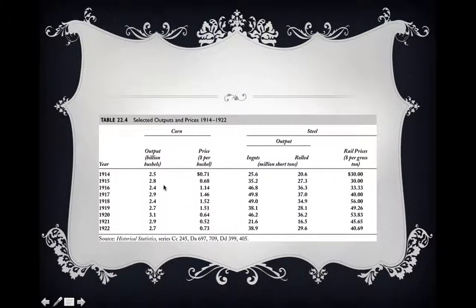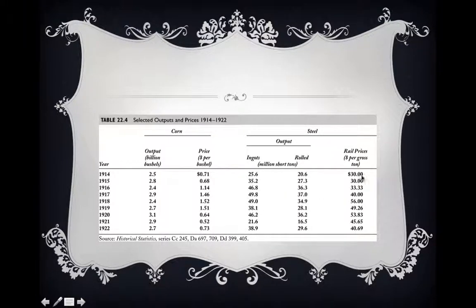So with output being roughly the same during this time period, relatively unchanged, you can see that farmers are going to be much better off from 1914 to 1919. They're going to see a dramatic increase in revenue that's associated with consistent levels of output. So their incomes are going to increase dramatically.